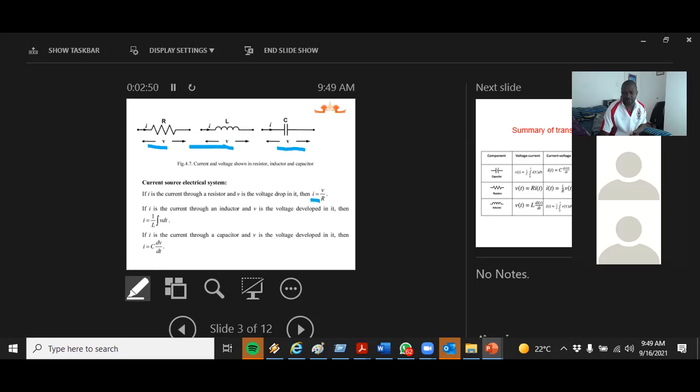This is your equation, right? And then this is an equation for the current through an inductor. This is an equation for the current through the capacitor. Now, if you try, you can convert this, or get the transfer function, using Laplace transform.